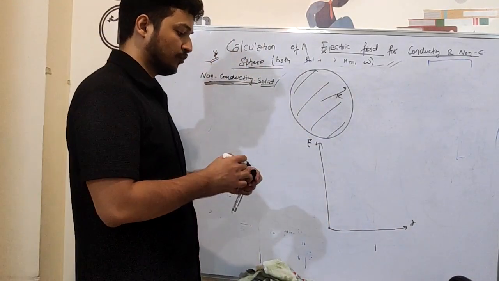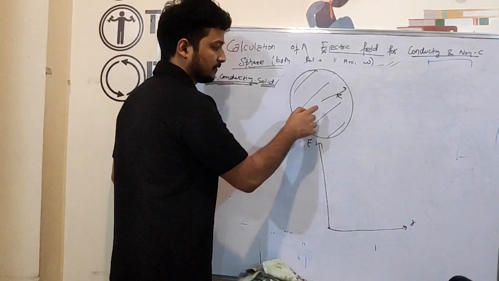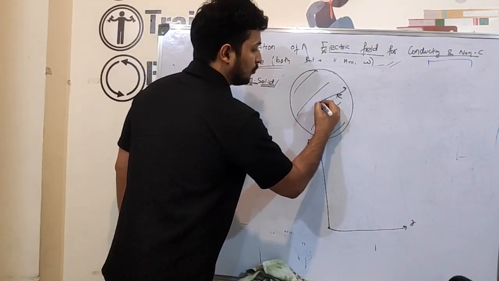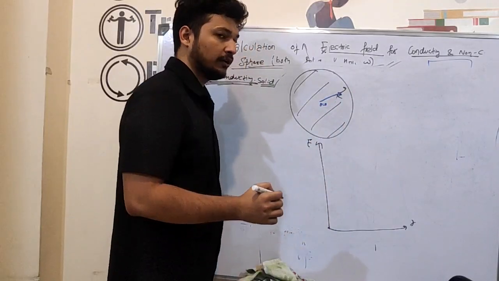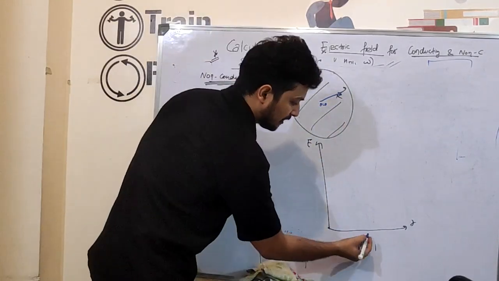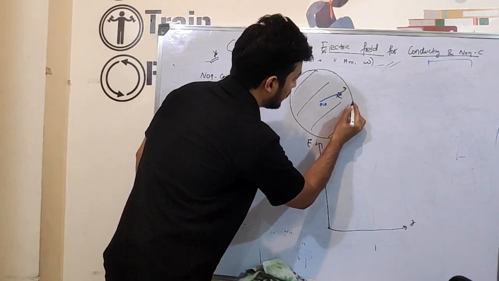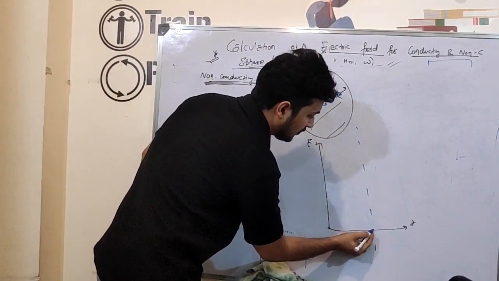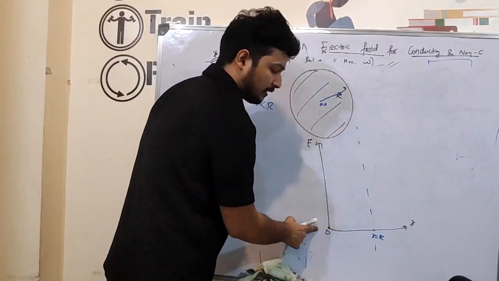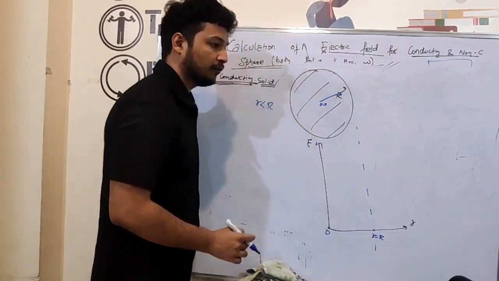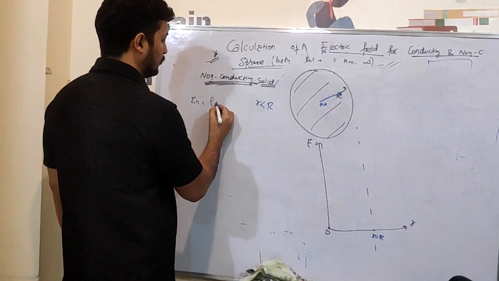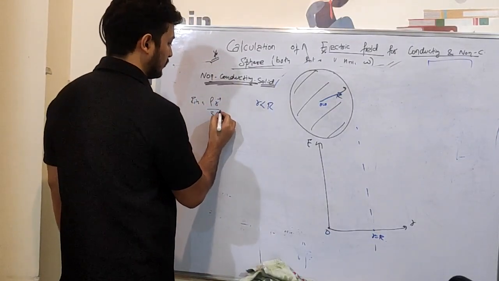If we move from the center, that means from r equals 0 to any point where r is still less than R, up to the point r equals R, we know the electric field inside will be equal to rho r by 3 epsilon naught.